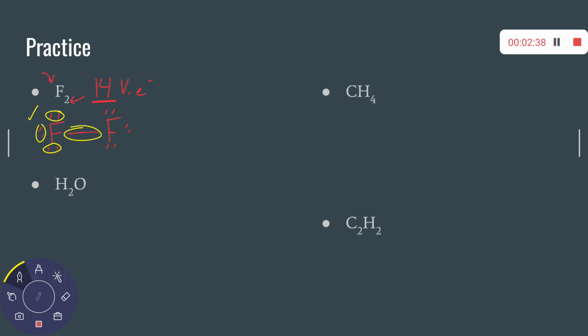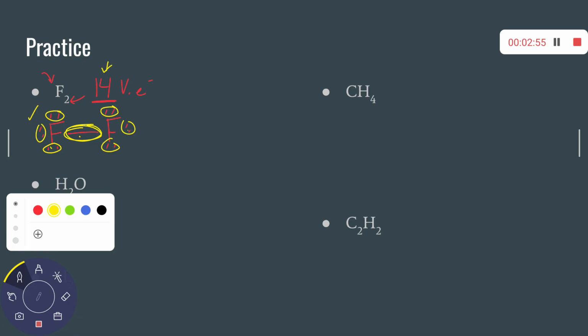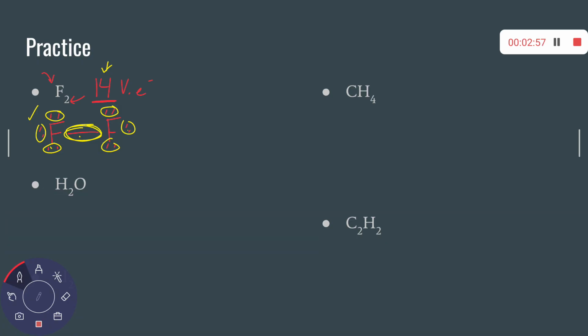So it fulfills the octet rule. Then this fluorine has 2, 4, 6, 8 electrons around it. It also fills the octet rule. And then if I count, I have drawn 2, 4, 6, 8, 10, 12, 14 total electrons. So this is my correct Lewis structure for F2.